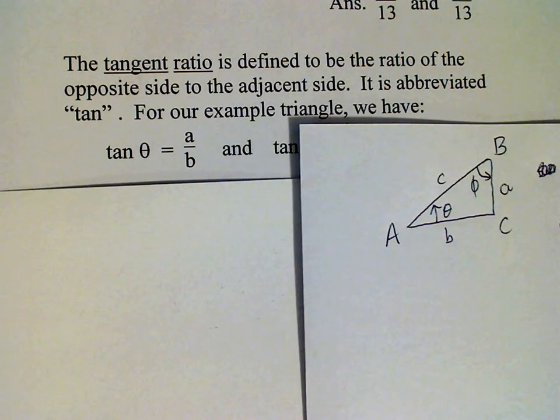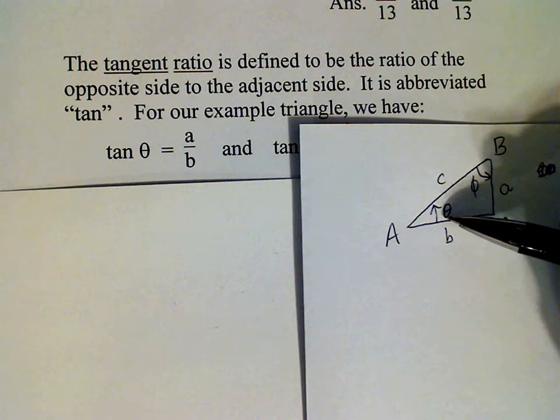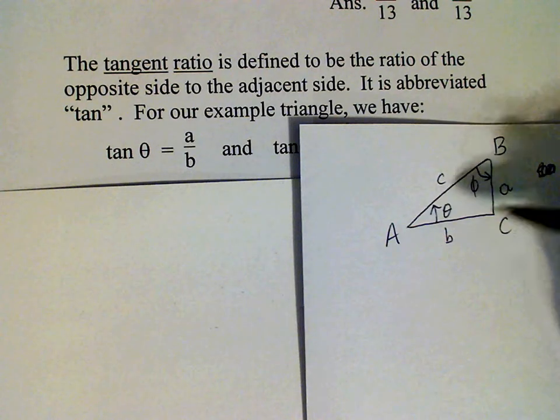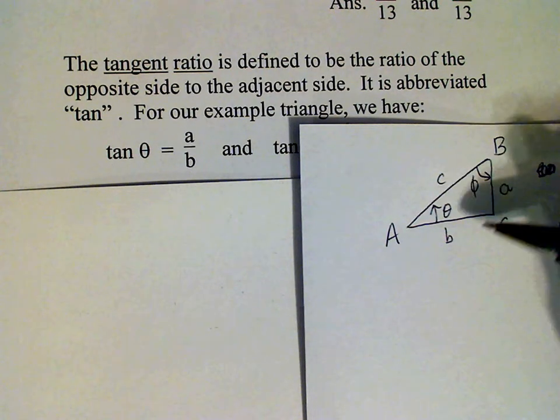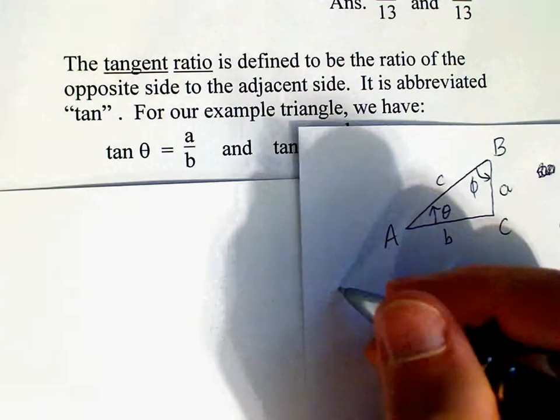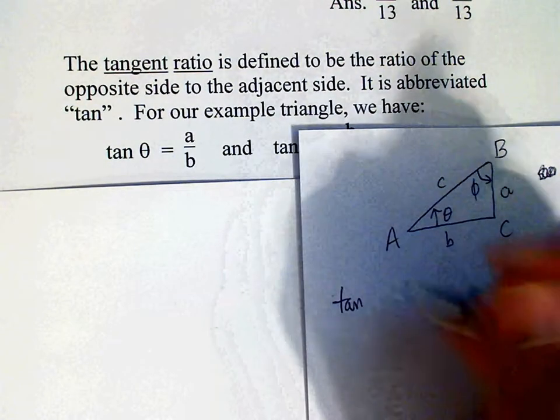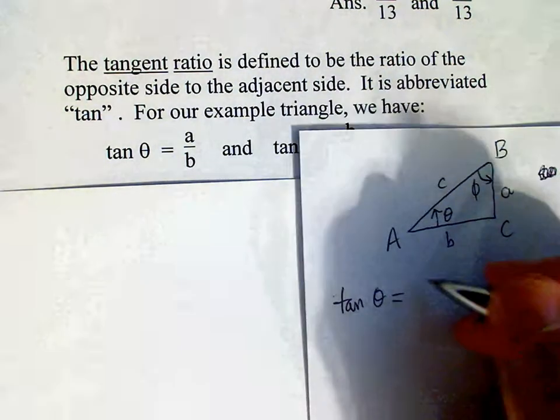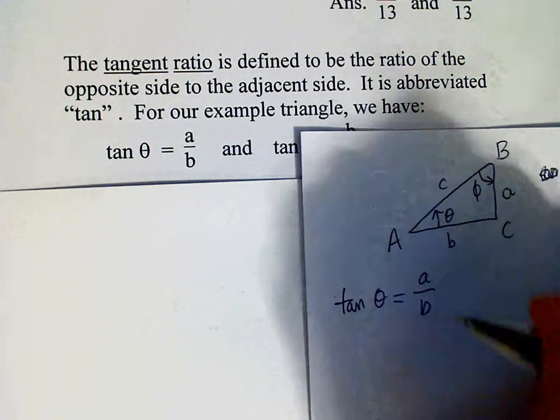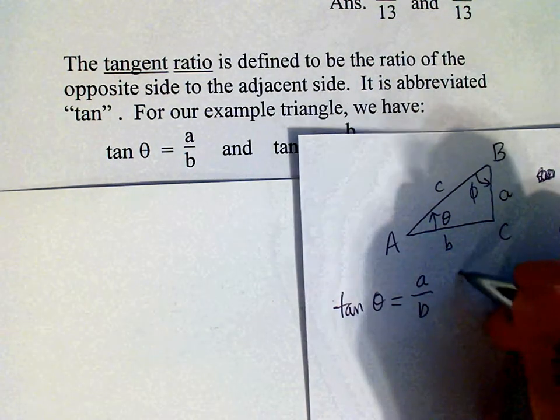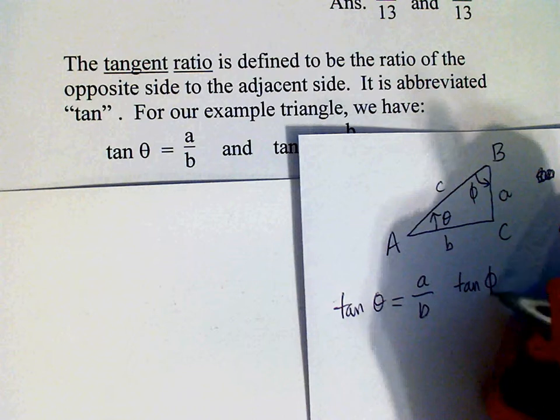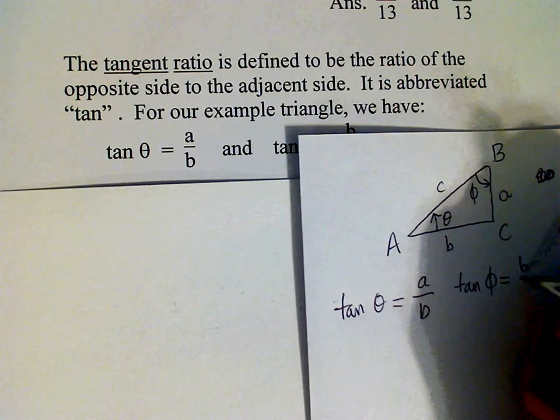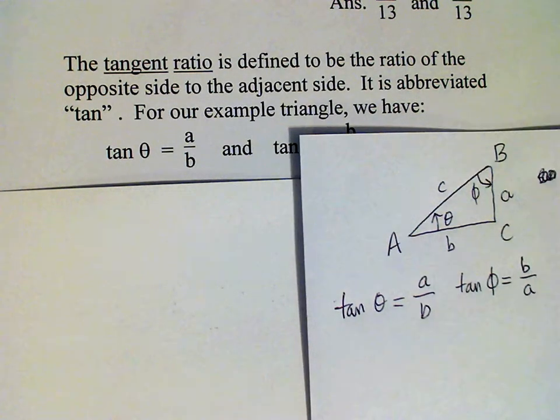Okay, so in this diagram here, theta, measure of angle A, side opposite is little a, side adjacent is b, so we have tangent of theta is a over b. And the tangent of phi is the reciprocal, b over a.